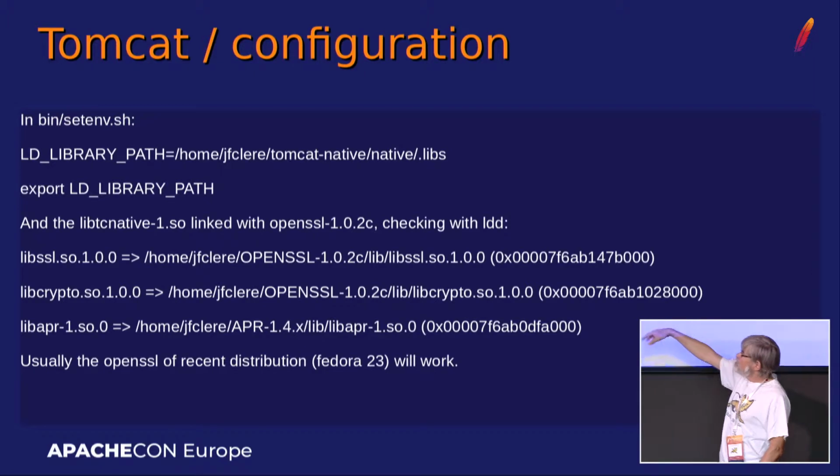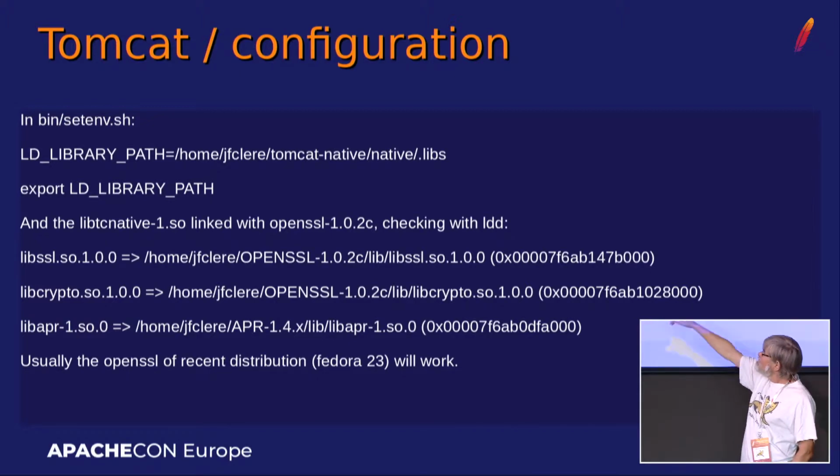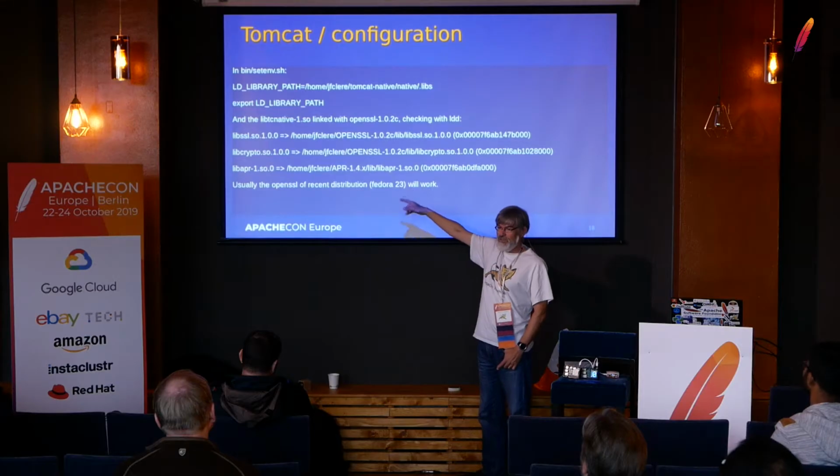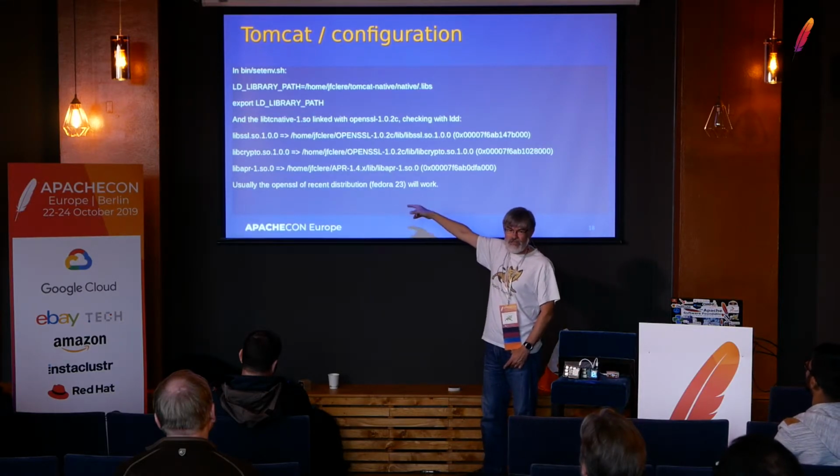This is an example of the first one that was working. When you look, this is using ldd to see what it's linked with, and I was encouraging people to check that when they build these things on their own, to make sure that it's linked with the right one.